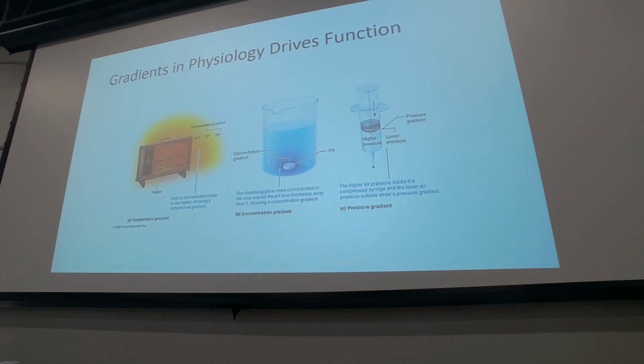And this applies to temperature, not only to molecules, and also to pressure. When it is related to molecules, we call it a concentration gradient. When it's related to pressure, we call it a pressure gradient, and when it's related to temperature, we call it a temperature gradient. Gradient means difference.